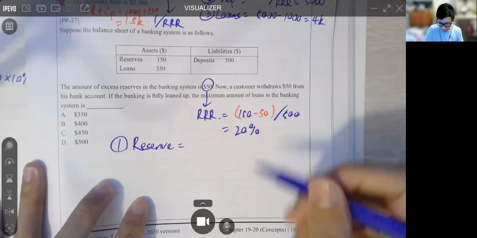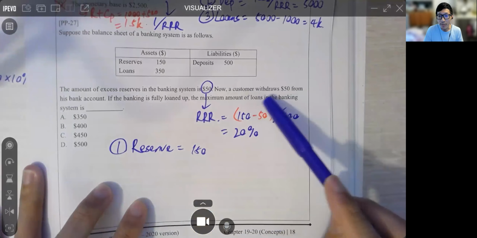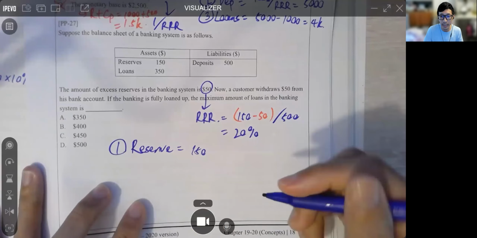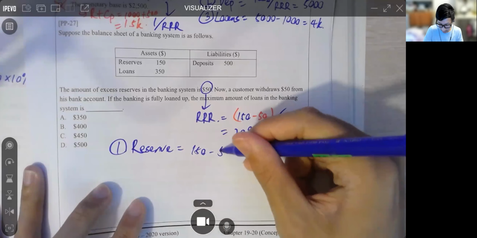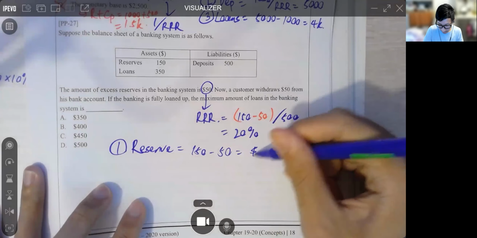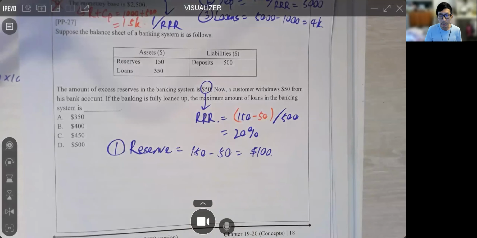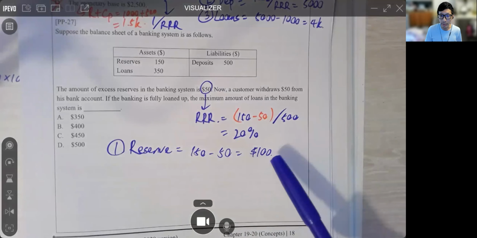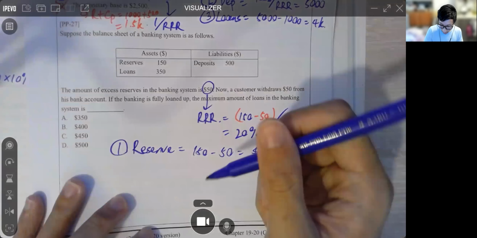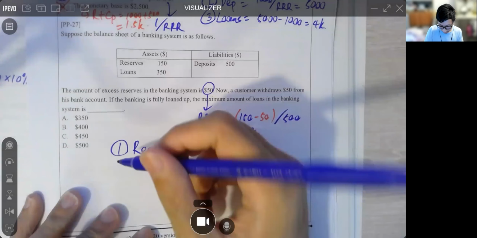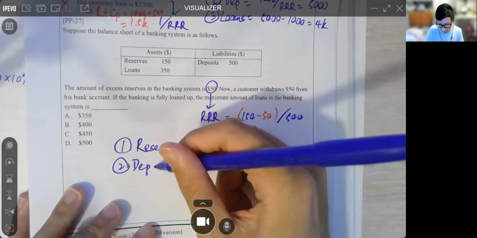It is 150. Now someone withdraws 50, 走咗50蚊，so minus 50. That will give us 100. OK, 100係嘛？而家走咗錢啦，所以我哋 reserve 應該係100。OK，得唔得？Now second, deposit, which we already know.